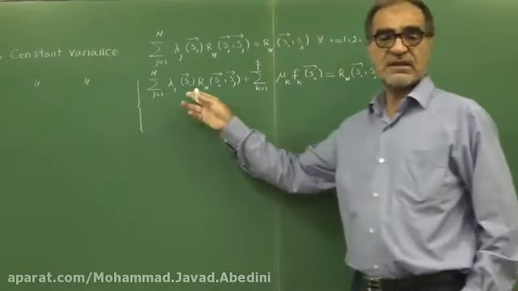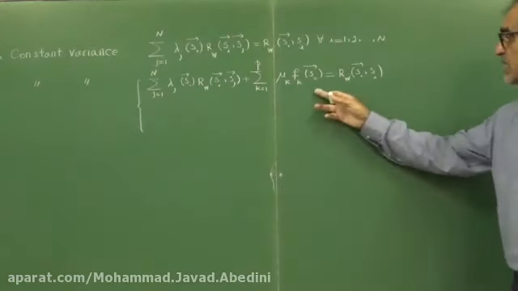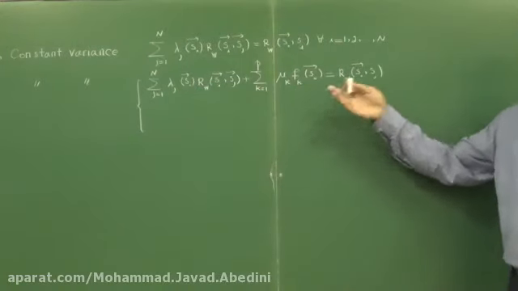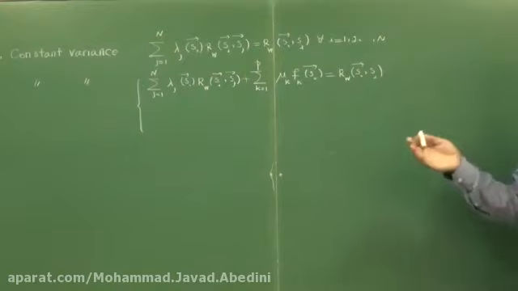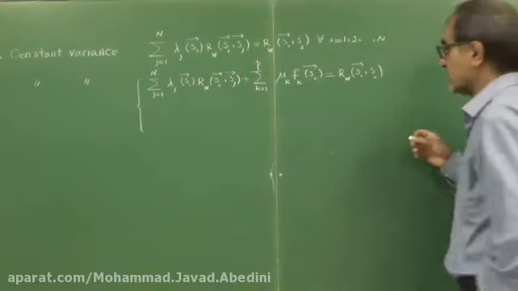J is defined internally, k is defined internally, therefore you have to define i externally.